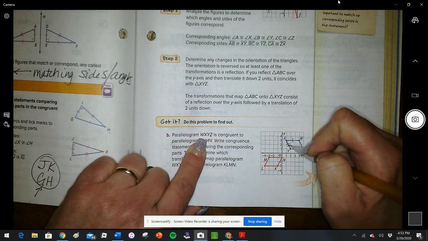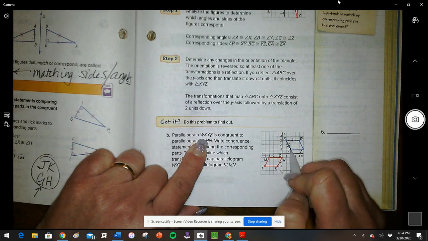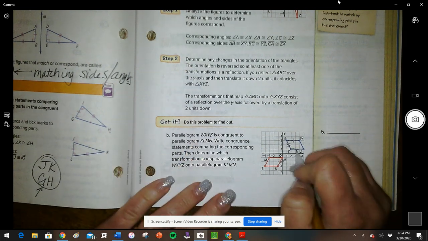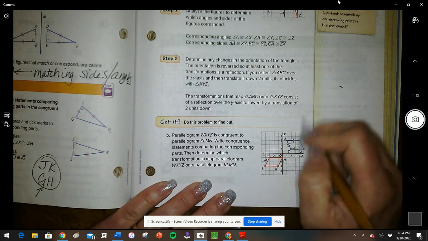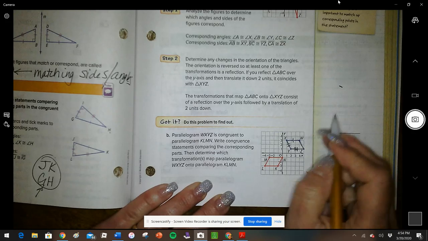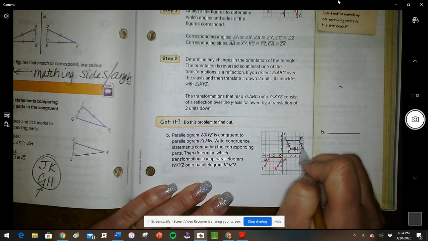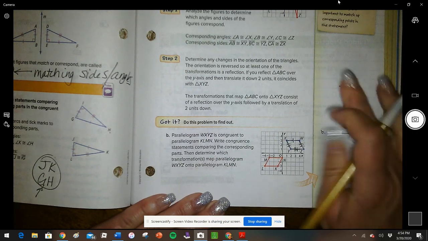So I'm going to put 2 of them in there, okay? WXYZ, this is the third side. So I'm going to go, whoops, I broke my pencil. So I'm going to go put 3 of them in there. And then this side is my 4th side. By the way, they're like little Roman numerals, so that would be an IV, okay?